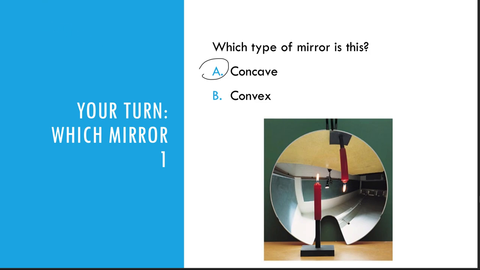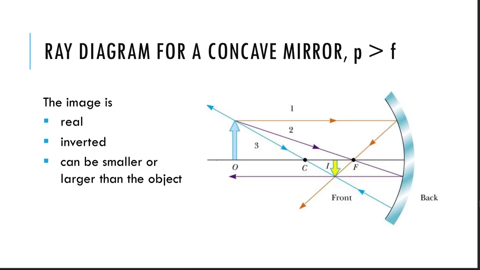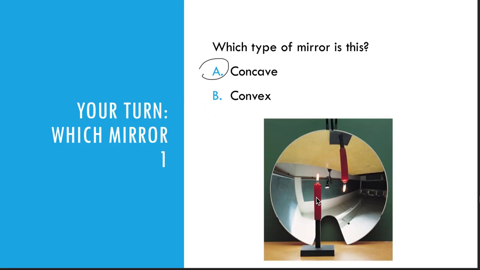But another reason that we know that it's concave is because the image was inverted. It was kind of hard to tell, was it bigger or smaller? It was around the same size, but it was definitely inverted. And it was the concave mirrors that formed the inverted images.